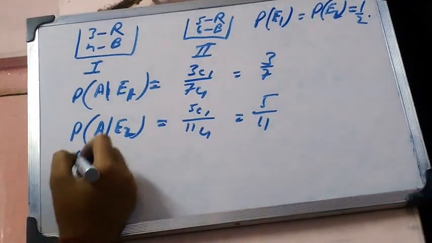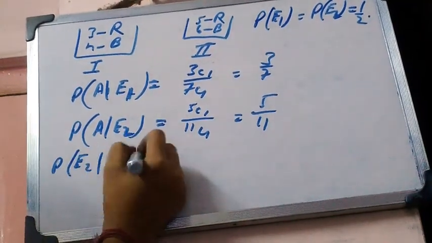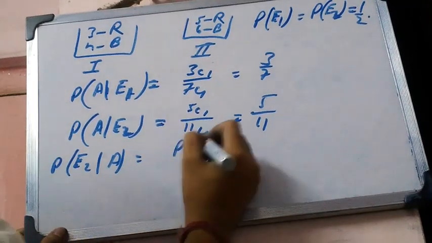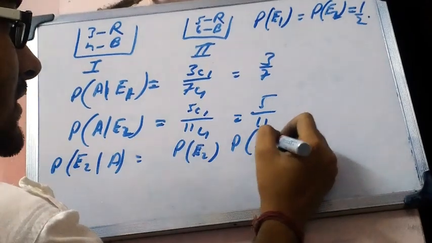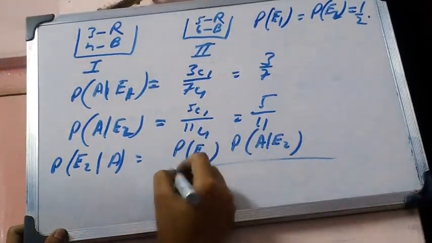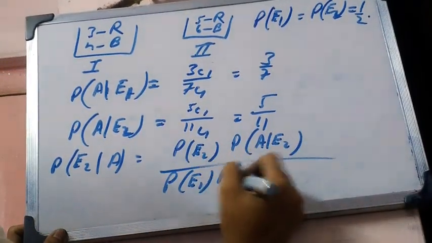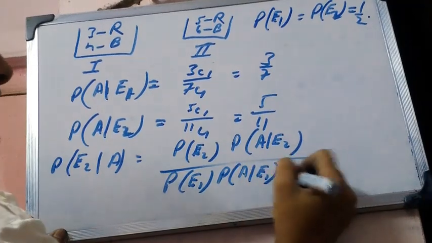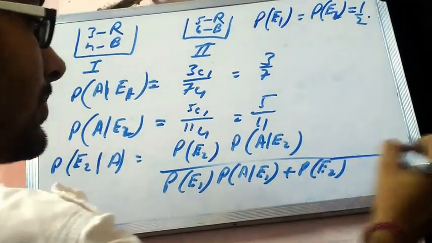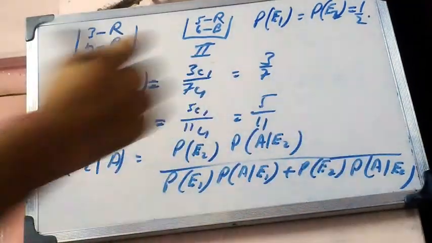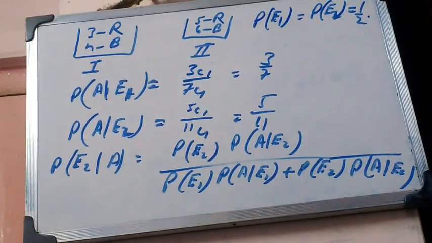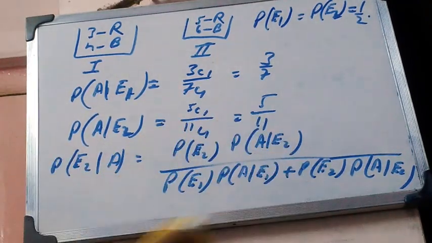That means probability of E2 given A is equal to probability of E2 into probability of A given E2 by probability of E1 into probability of A given E1 plus probability of E2 into probability of A given E2. This is from Bayes' theorem. So we have to put all the values in this formula.